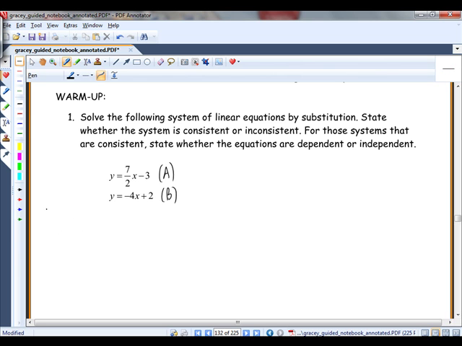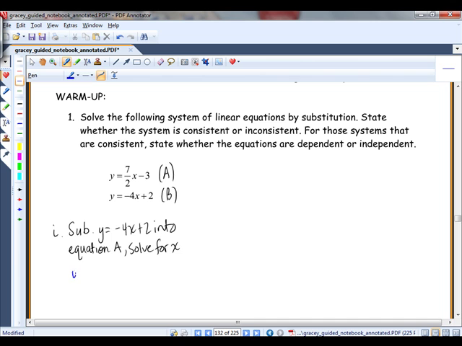So for part 1, why don't we go ahead and substitute y equals negative 4x plus 2 into equation A. And this will enable us to solve for x.